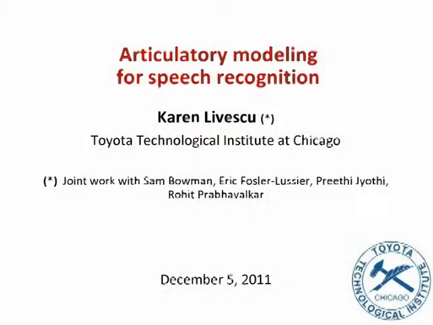Aaron and Partha worked on the acoustic modeling side of speech recognition, so basically the mapping between the continuous space of acoustic waveforms to the discrete space of phonetic units. And what I'm talking about here is the mapping between some type of subword unit, not necessarily phonetic, and words.